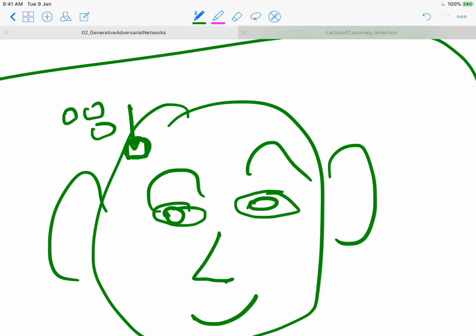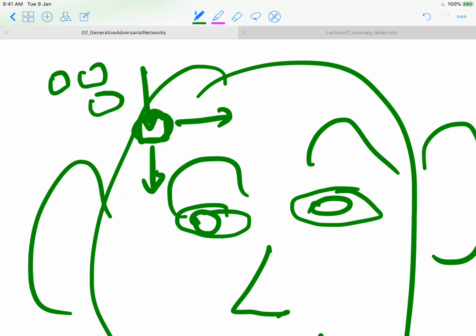From here, following this direction to the right and to the bottom, once we observe a skin color pixel value, based on that clue or observation, we can think that the next pixel will not be likely to be a black pixel, right?